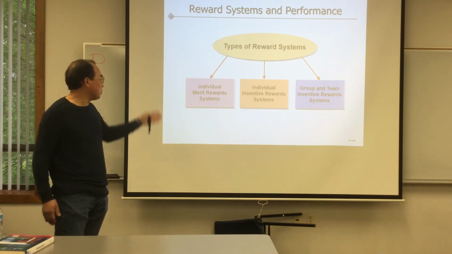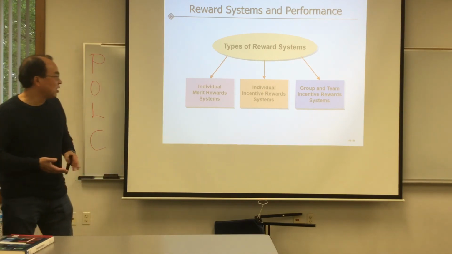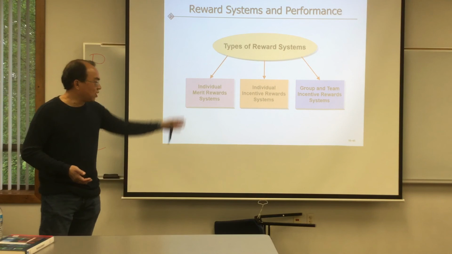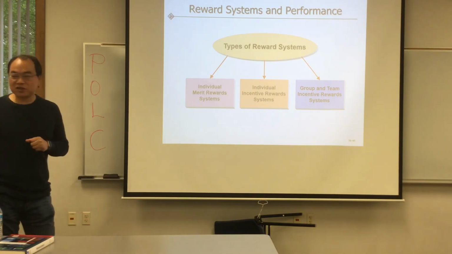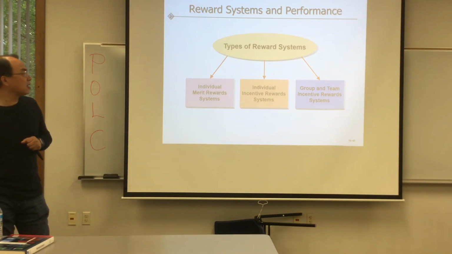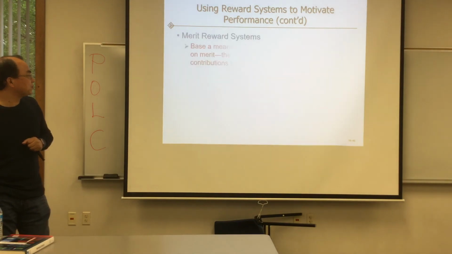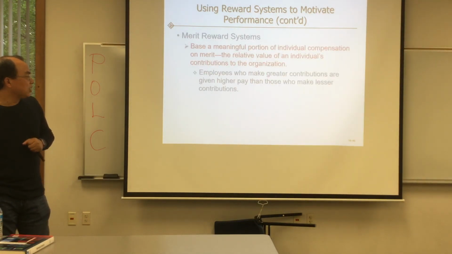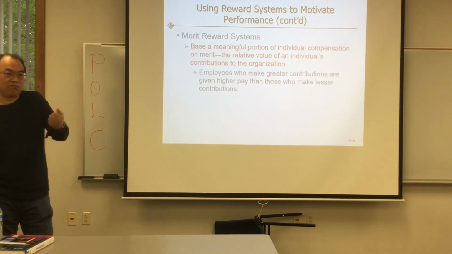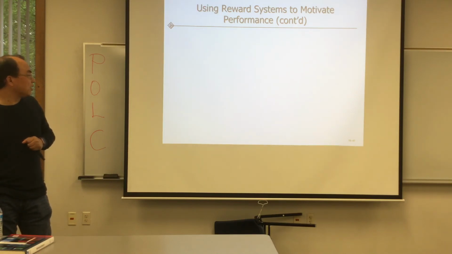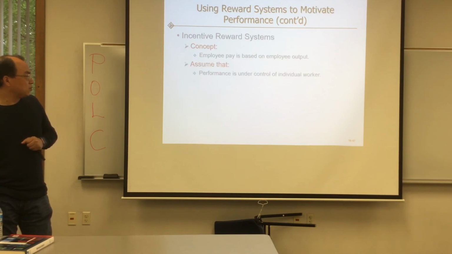Individual merit reward systems, other incentives, give the whole group or team incentive rewards. There are a lot of things you could do, like the company giving stocks, options. Normally, you pay them better, they work harder. Of course, you need enough monitoring there too.